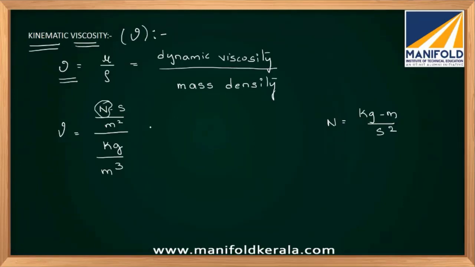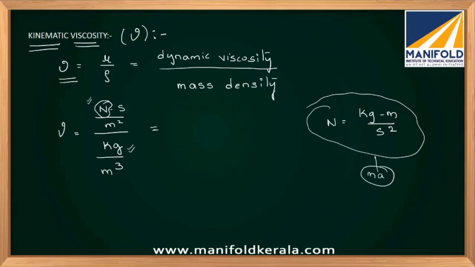If you substitute in place of Newton, can anyone tell me what will be the unit here? Because here it is in terms of kg. I'm changing my Newton into kg meter per second square. F is equal to ma. M units are kg, a units are meter per second square. So finally, very good, units will be meter square per second.